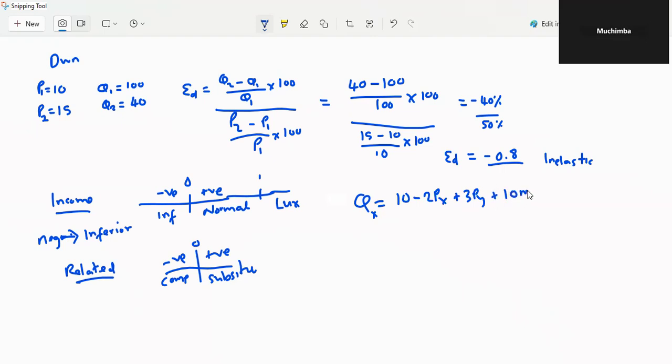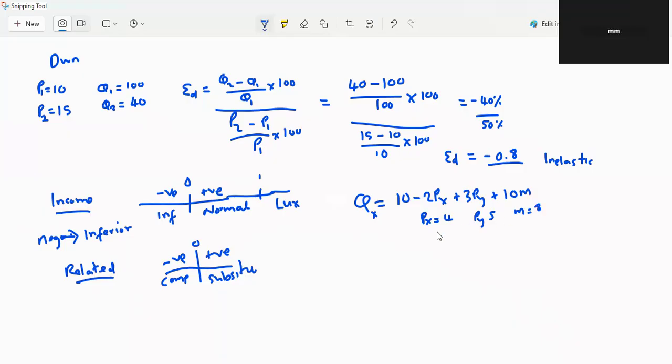So we have good x, good y, and m is for income. So we are told that the price for good x is 4 kwacha, the price for good y is 5 kwacha, and our income is 8 kwacha.